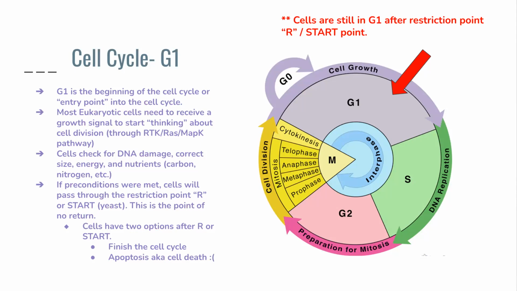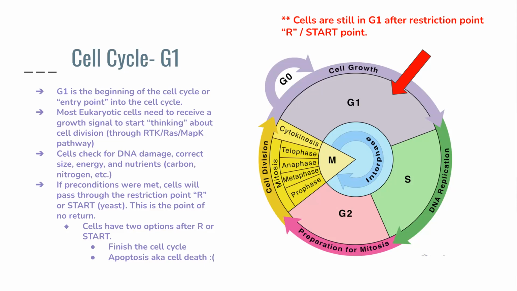G1 is the beginning of the cell cycle, the entry point. Most eukaryotic cells need to receive a growth signal, such as a growth factor hormone. When they receive this signal, it just means that they can start thinking about dividing. Receiving that signal doesn't mean that they're going to divide.